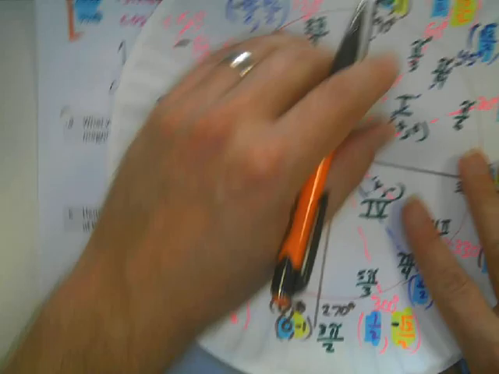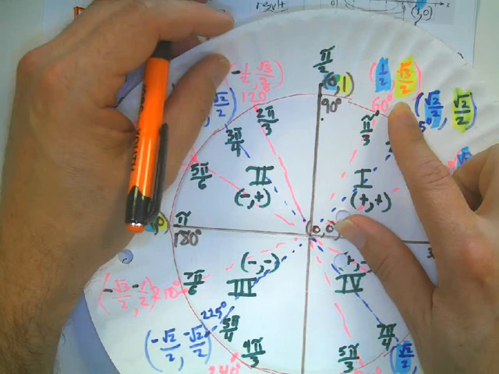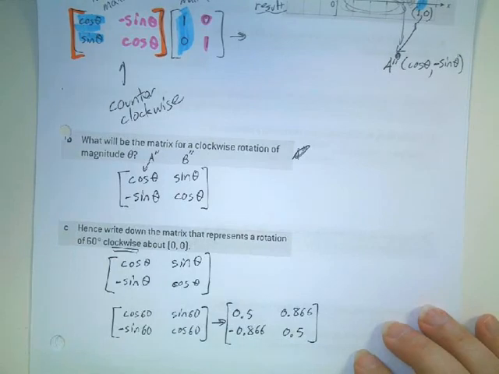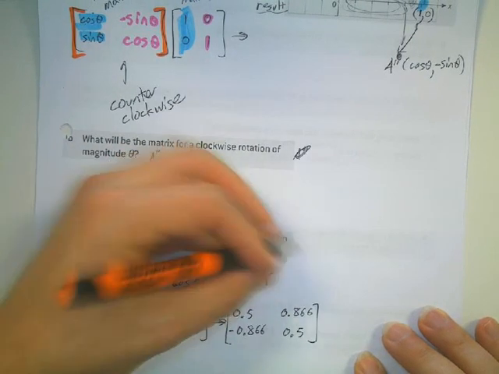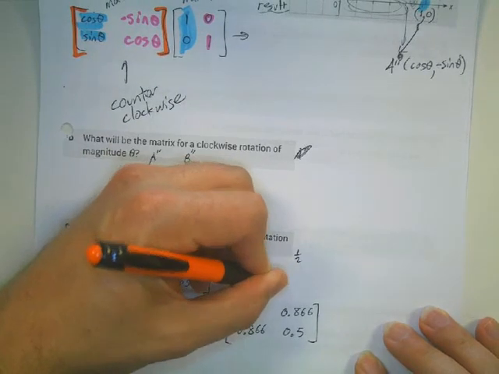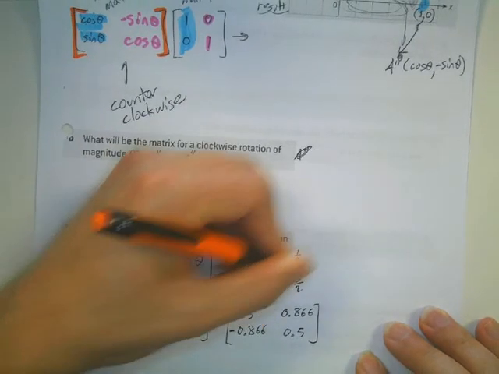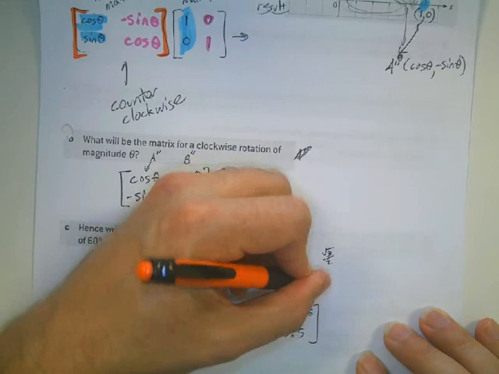60 degrees, we know 60 degrees is right here, 1/2 and radical 3 over 2. So I could have written this as 1/2, negative radical 3 over 2, radical 3 over 2, 1/2.